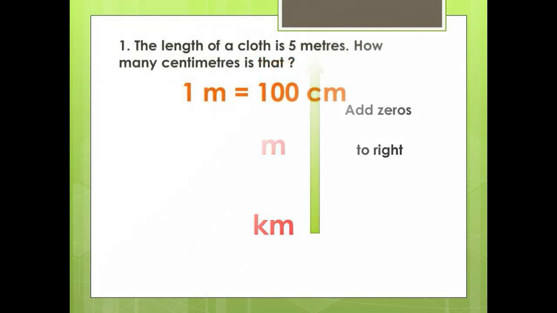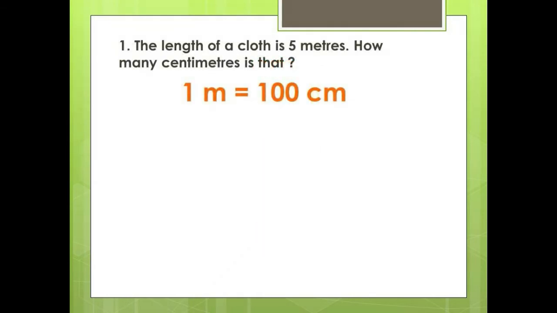The length of the cloth is 5 meters. How many centimeters is that? 1 meter equals 100 centimeters. This we already know. So in the question they have given 5 meters.